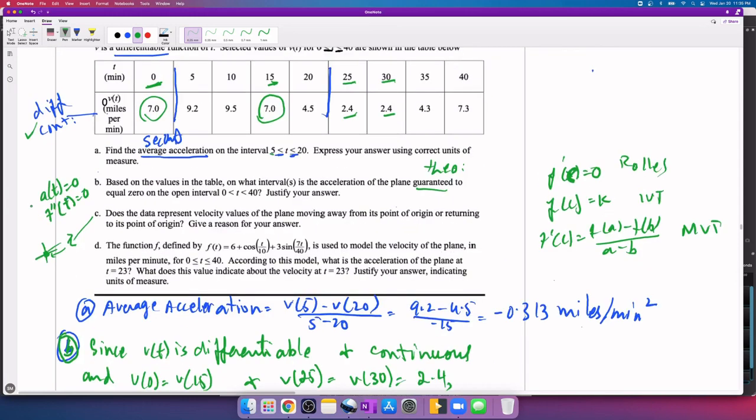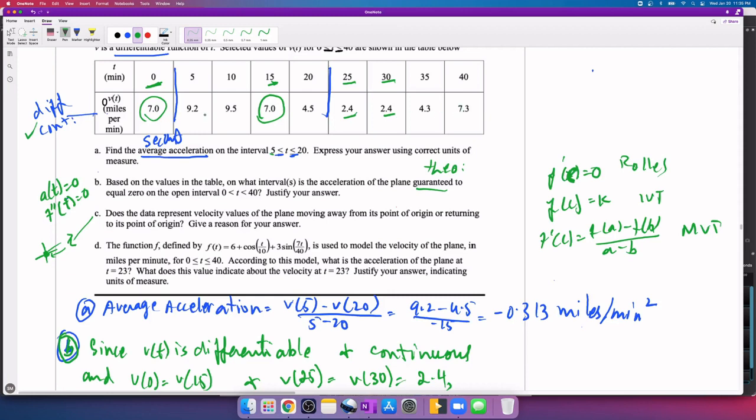the data in the table. I see data in the table. All the y values are actually increasing. Look, 7.0, 9.2, 9.5, then 7.0, 4.5, 2.4, 2.4, 4.3, and then 7.3.